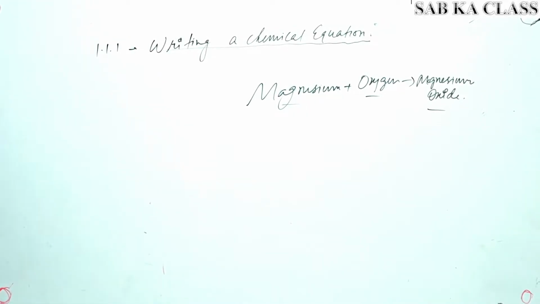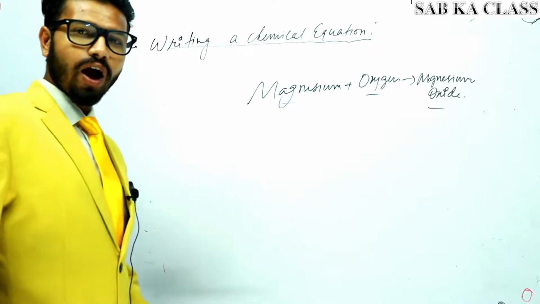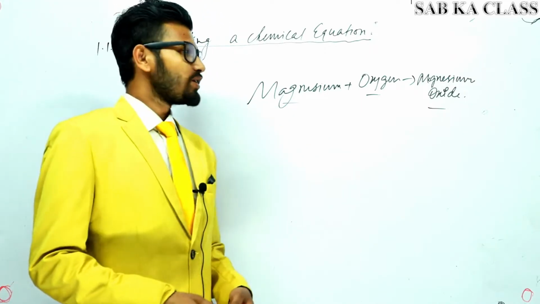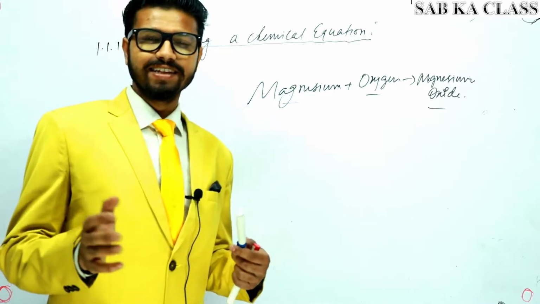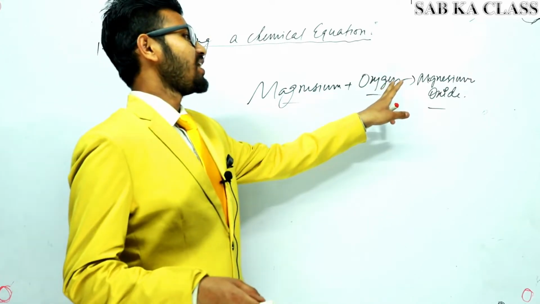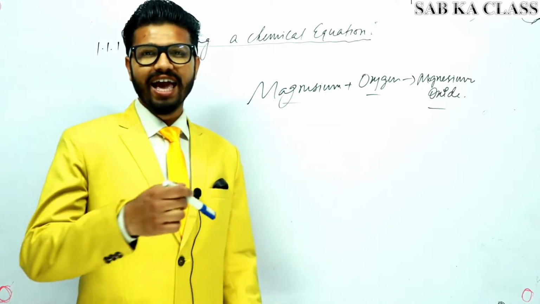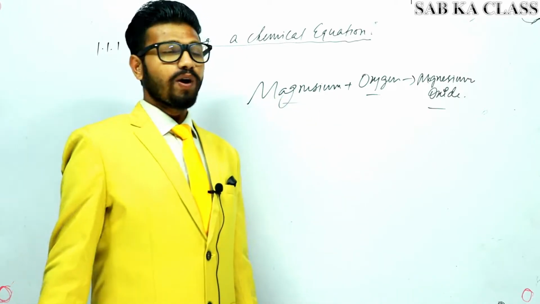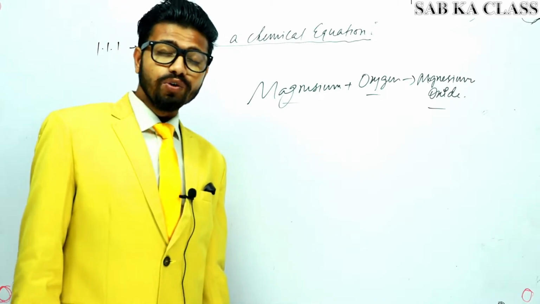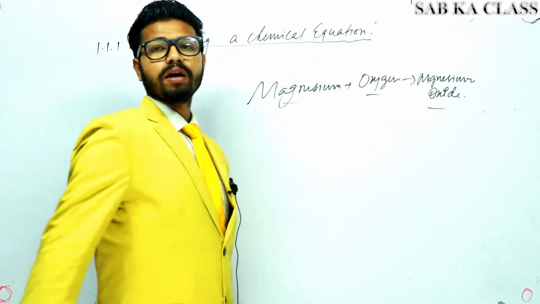So here goes your subtopic, that is writing a chemical equation. Actually, how should you write a chemical equation? If you go on writing in words, magnesium plus oxygen gives you magnesium oxide, it's very lengthy and very harassing. So for our convenience, we use a symbol represented for the particular elements.